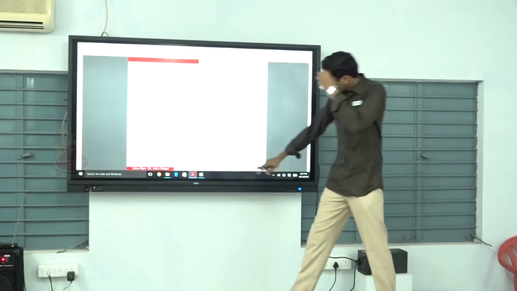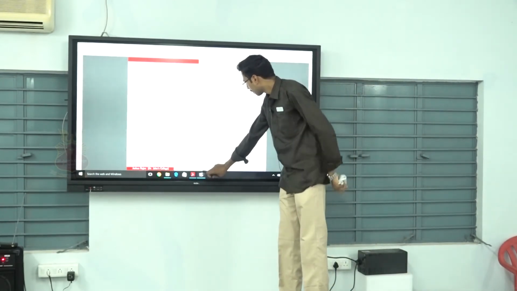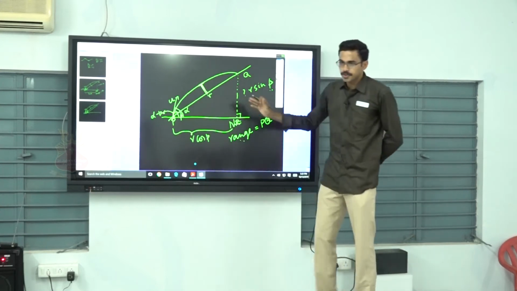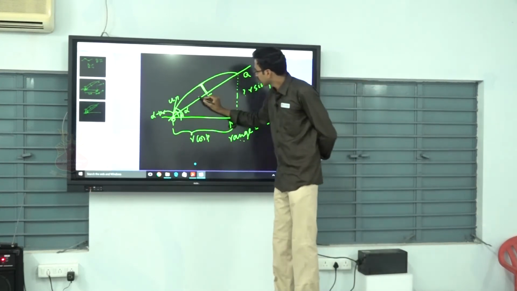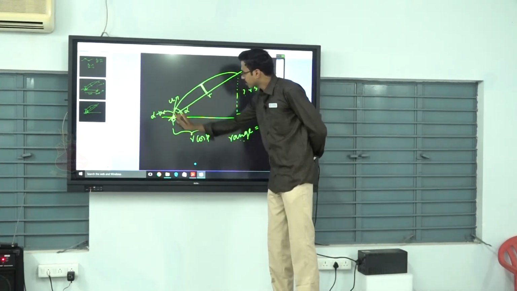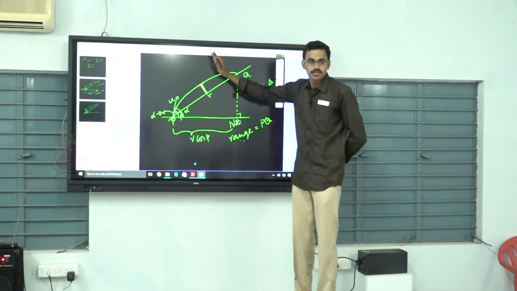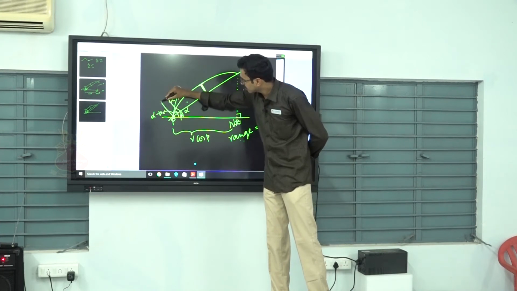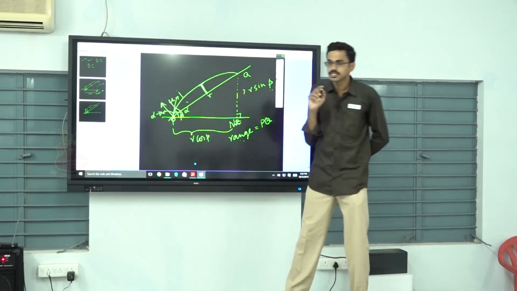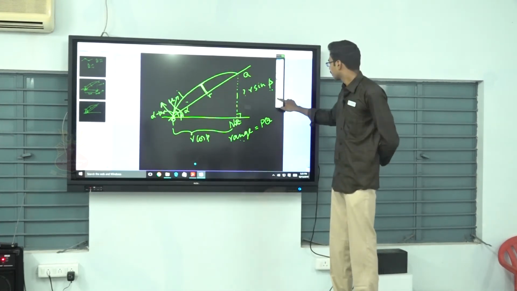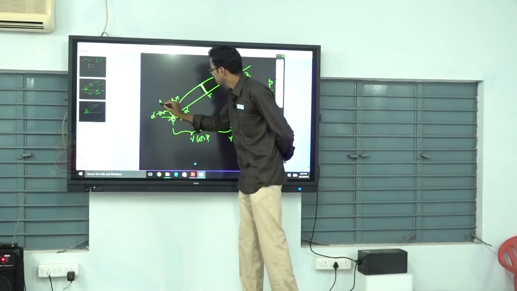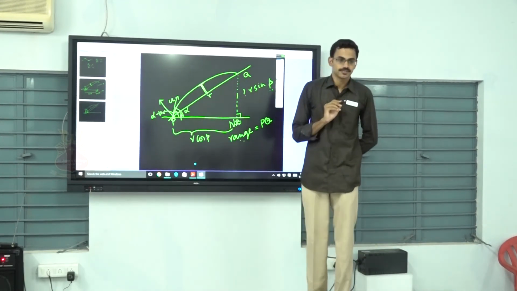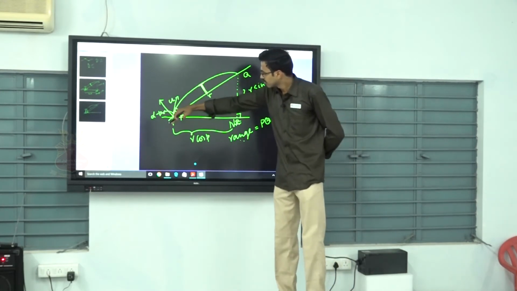We only concentrate on the perpendicular motion alone, at any time. Initially, what is the vertical velocity? What is the initial vertical velocity? How can you calculate the initial velocity perpendicular to that inclined plane?